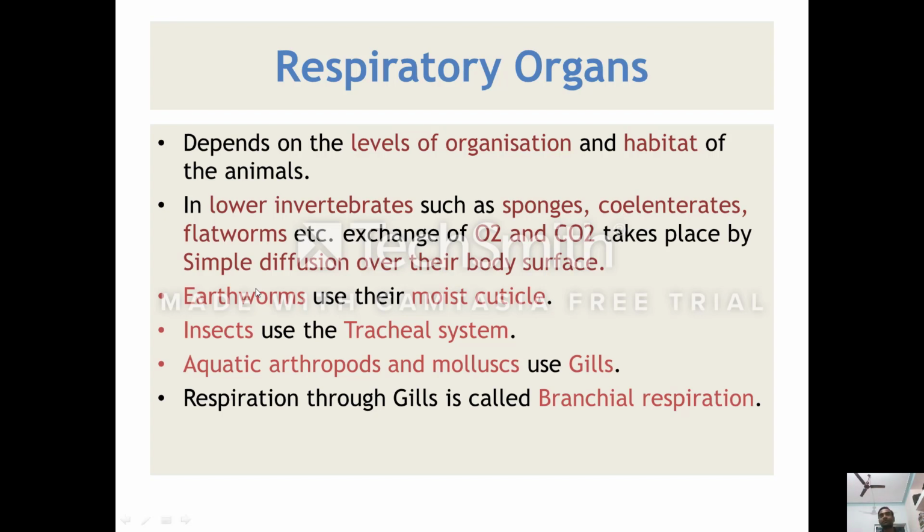Next, there are different categories of animals, from the primitive animals to the higher animals. There are simple animals such as porifera and complex animals, and these animals respire through different organs or structures. The respiratory organ will depend on the level of organization.